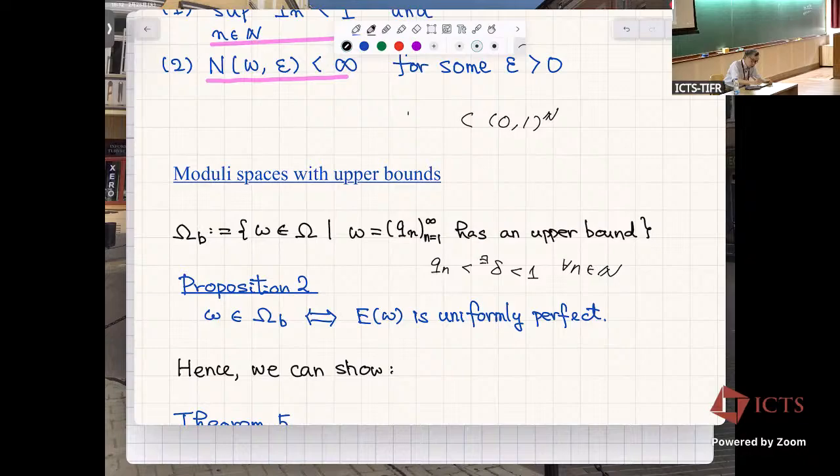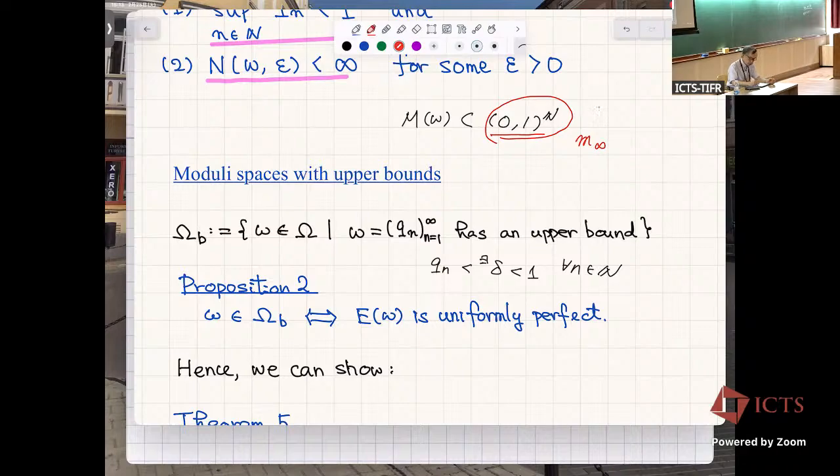So this moduli space is a subset of omega. But this space is the product of the standard interval, so it has a Lebesgue measure. And we consider the infinite product of this space. Then this whole space defines a product measure from the standard Lebesgue measure.